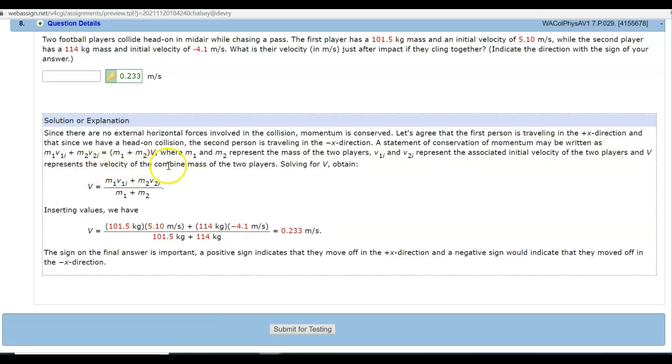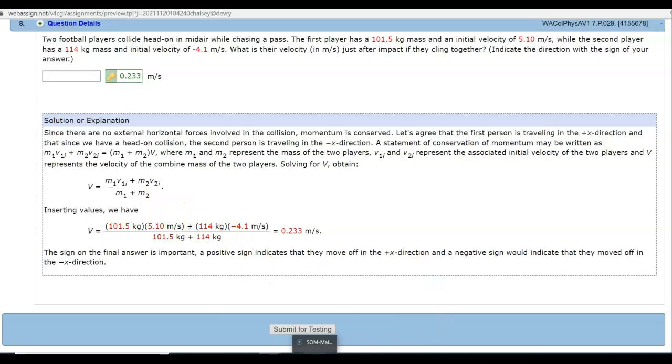And V prime represents the velocity of the combined mass of the two players. So if we solve for V prime, we just have that M1V1 plus M2V2 divided by M1 plus M2.